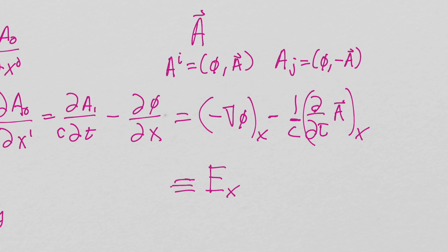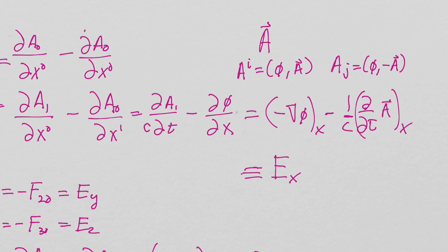So the covariant components are the scalar potential and minus the vector potential. So this term here becomes minus partial A, well, the first component of, well, let's see, how do I write that?